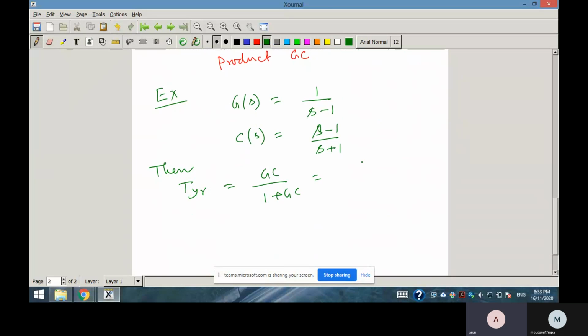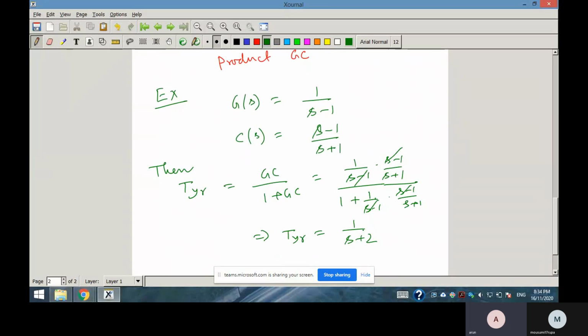So it will be 1 by s minus 1 into s minus 1 by s plus 1, divided by 1 plus the same product. It will nicely get cancelled, and Tyr will be 1 by s plus 2.